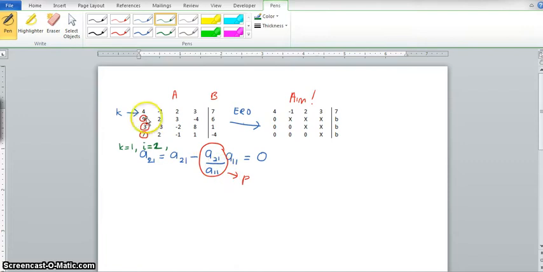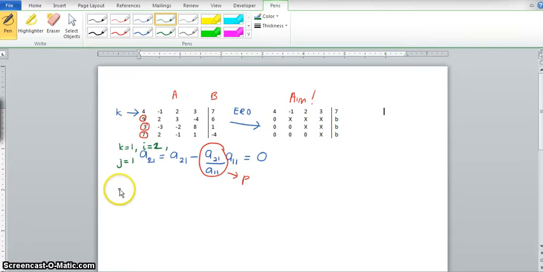This one is for J equals to 1. How about we want to change this element? This one can be any value because our aim is to get 0 for A21.